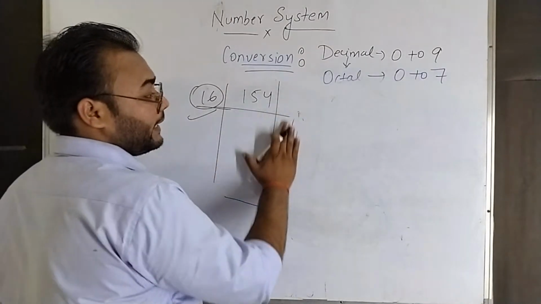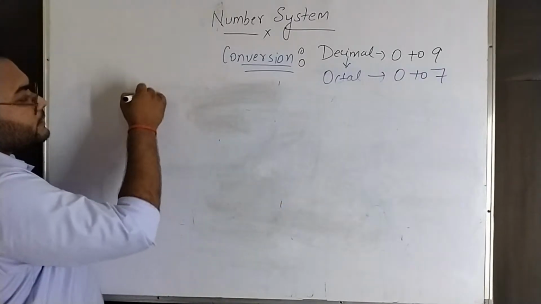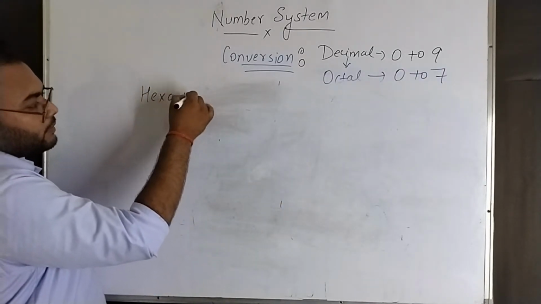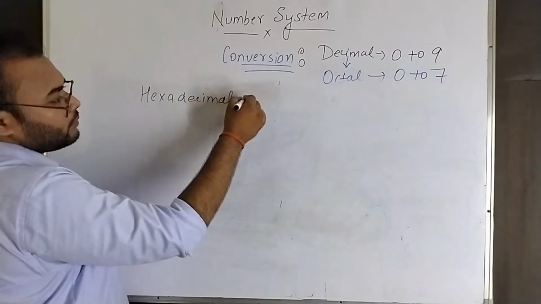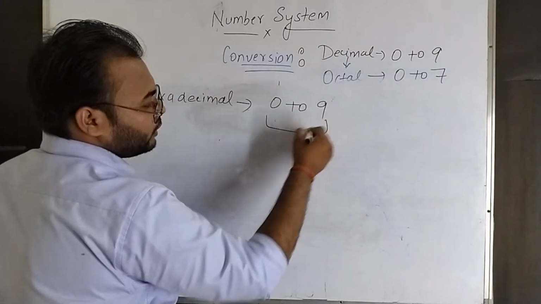Here the main concept is about the hexadecimal. First you have to know about it. What is hexadecimal? We use the values from 0 to 9, which are the numeric values.